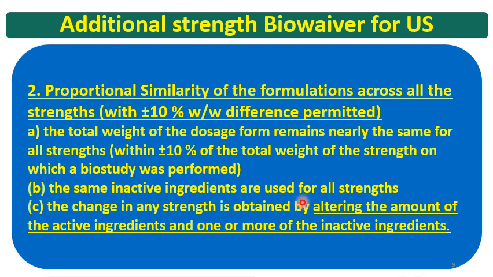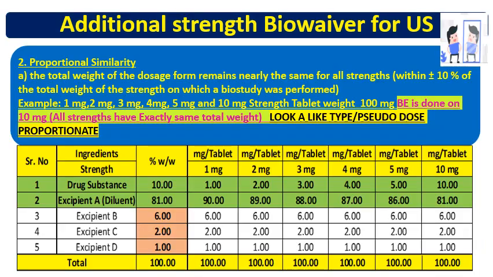The same inactive ingredients are used in all the strengths. The change in any strength is obtained by altering the amount of the active ingredient and one or more of the inactive ingredients. The example is given here for easy understanding.